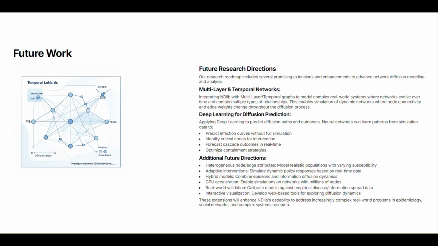Additional future directions: heterogeneous node and edge attributes, adaptive intervention, hybrid models, GPU acceleration, real-world validation, interactive visualization. Develop web-based tools for exploring diffusion dynamics. These extensions will enhance NDlib's capability to address increasingly complex real-world problems in epidemiology, social networks, and complex systems research.